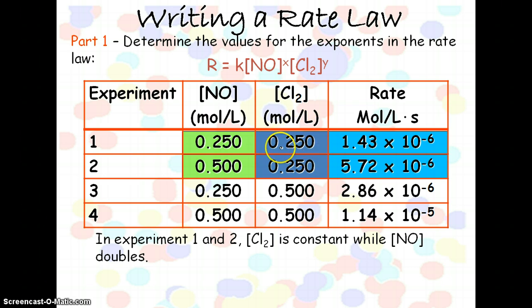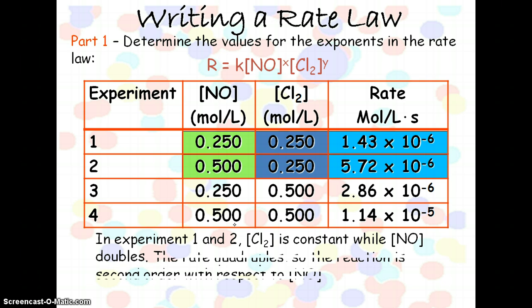Because Cl2 is not changing, it allows us to look at what's going on with NO. So by finding two experiments where Cl2 is constant, we can ignore it completely, and now we're just going to focus on NO. You see that NO goes from 0.25 to 0.5, and that the rate goes from 1.43 to 5.72. Okay?